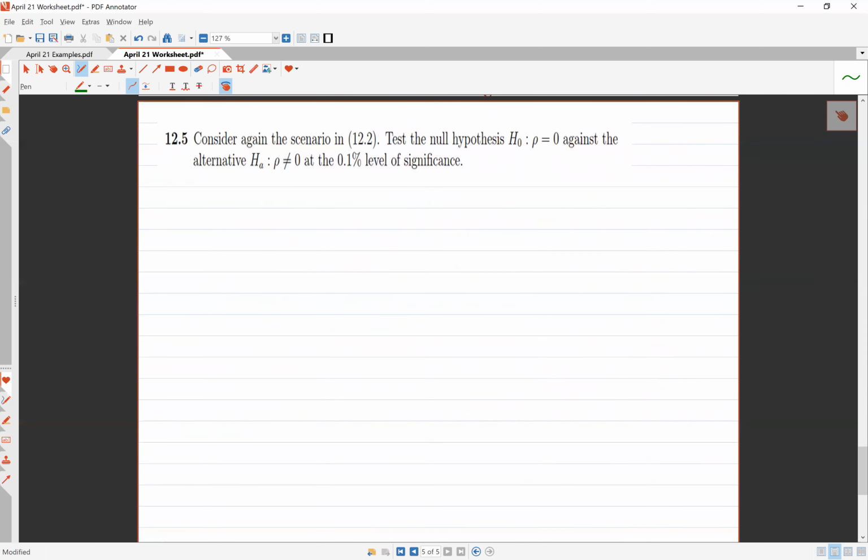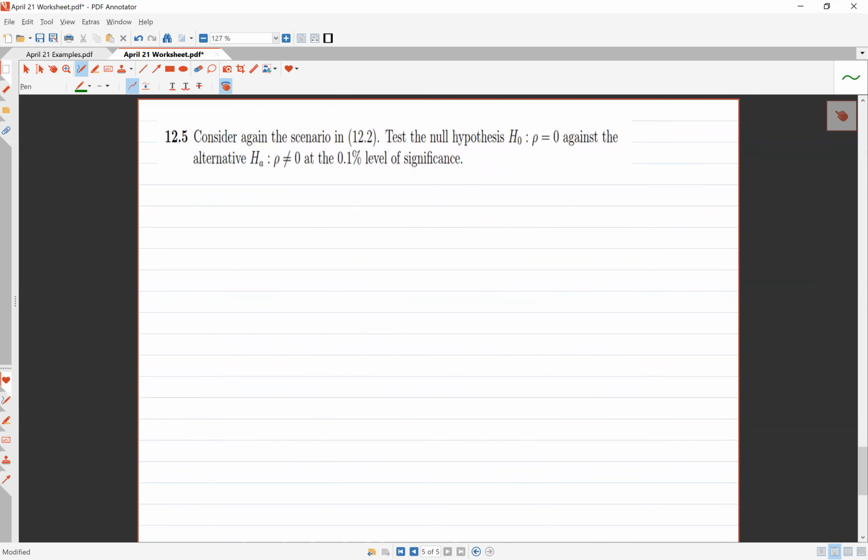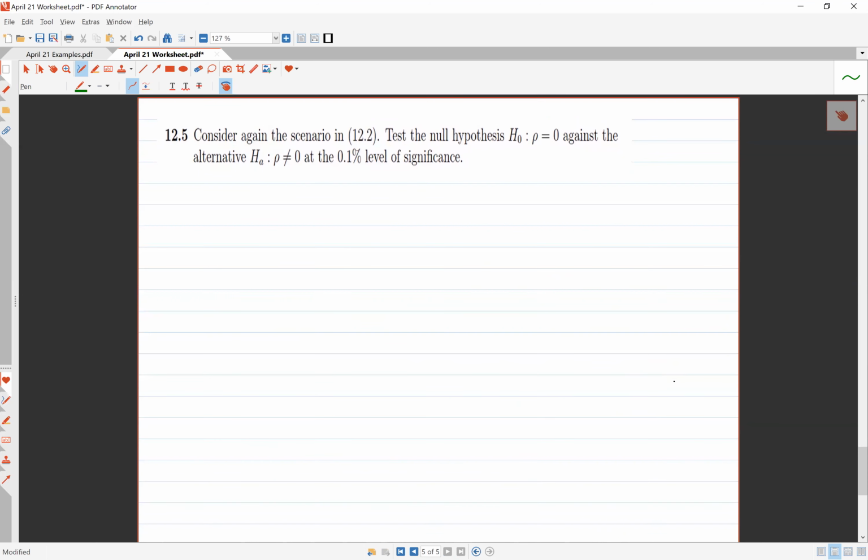This one is referring back to 12.2. Important information just to have from 12.2, or the only relevant information, is we'd calculated a correlation of negative 0.761, and we had done that using a sample size of 50.